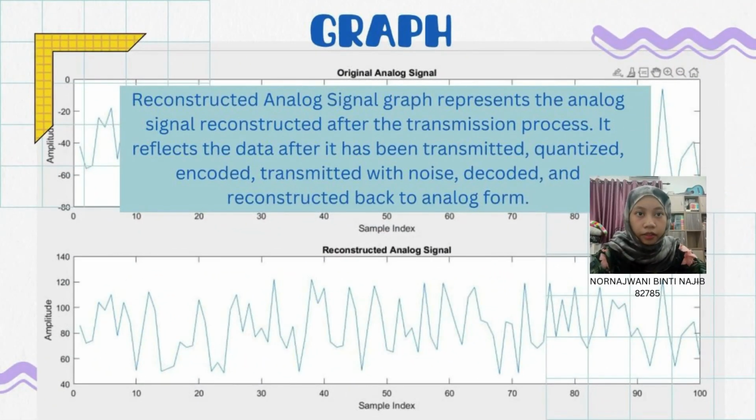On the other hand, the reconstructed analog signal graph portrays the analog signal reconstructed after undergoing the entire transmission process, including quantization, encoding, noise addition, decoding, and reconstruction. This reconstructed signal reflects the data after it has been processed for transmission and then restored back to its original analog form. This visual representation offers valuable insight into how well the transmission and reconstruction processes maintain the integrity of the data.